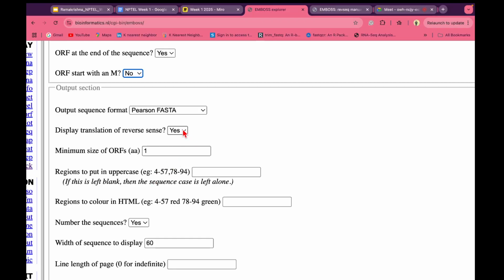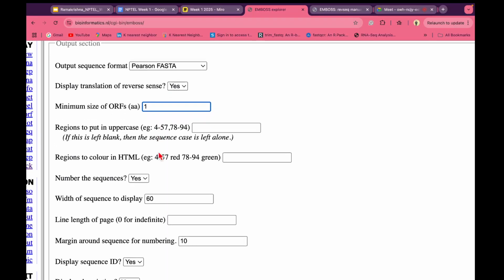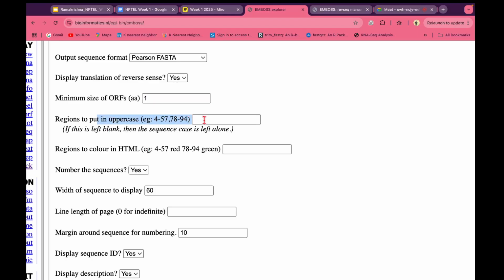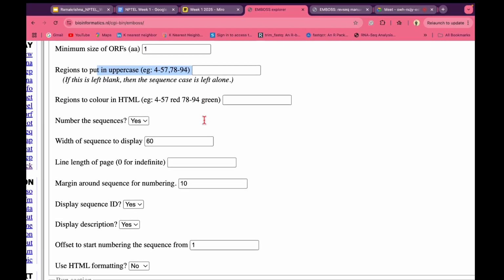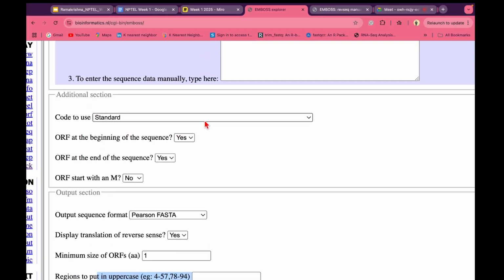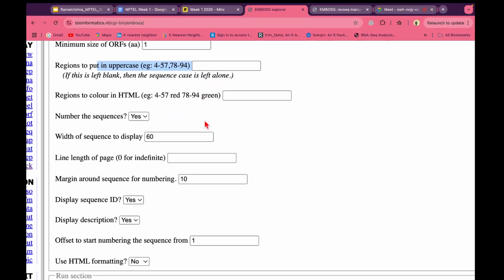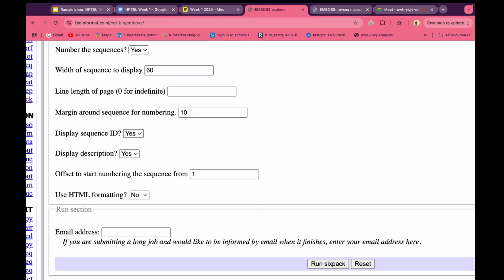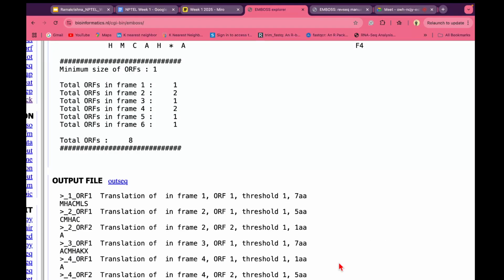And display translation in the reverse sense. This will show all the possible 6 reading frames, and one can also mention the minimum size of ORFs required and regions to mark in color. I am not changing any of these default parameters and click run.